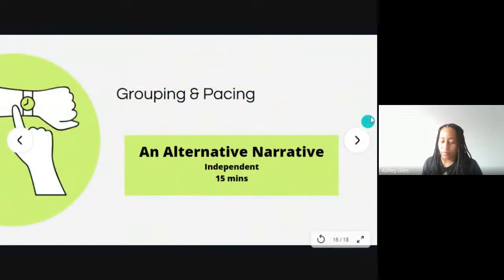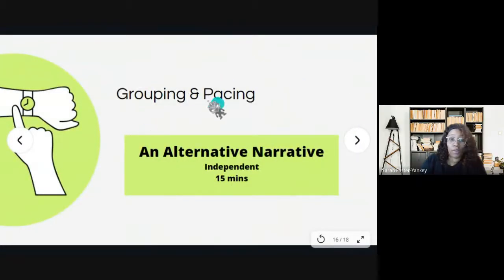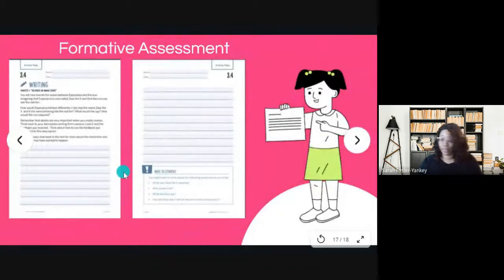All right. So this is basically the whole of the writing, an alternate narrative. Students do this independently and it'll take about 15 minutes. So the teacher's role for this component is basically just reviewing the instructions for Writer's Journal 3.4. Let me check and see if I have it here. There it is.